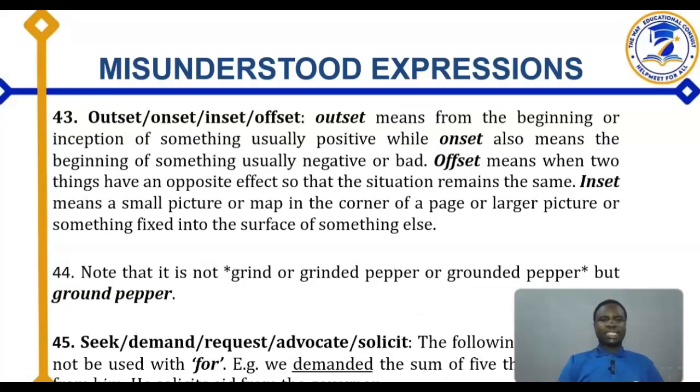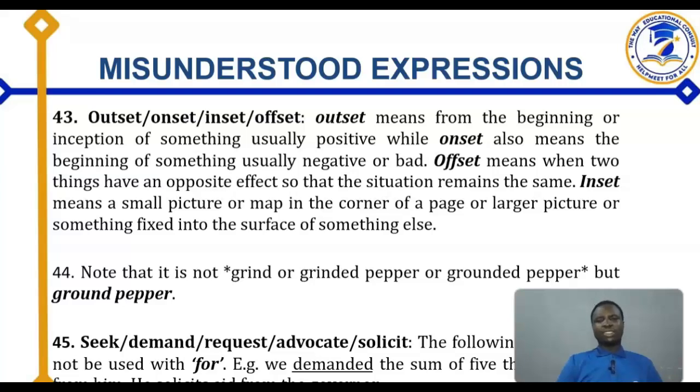Outset, onset, inset, offset. Let's look at those 4 words. Outset means from the beginning or inception of something, usually positive. So when that thing is usually positive or neutral, you use outset, from the outset of its progress. That is, at the beginning of its progress. While onset means the beginning of something, usually negative or bad.